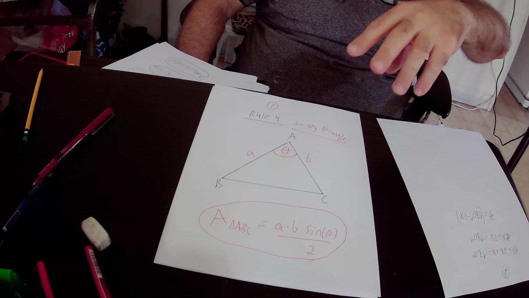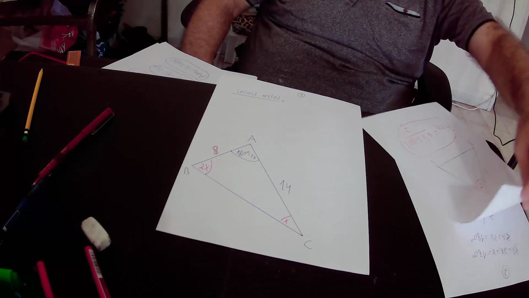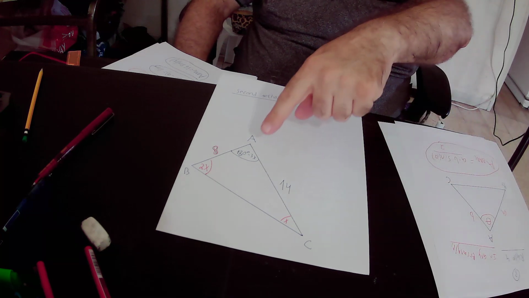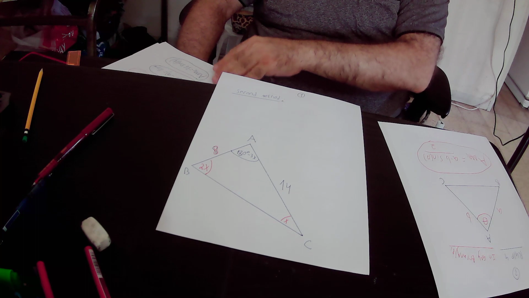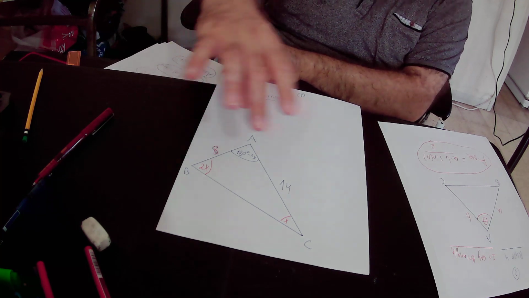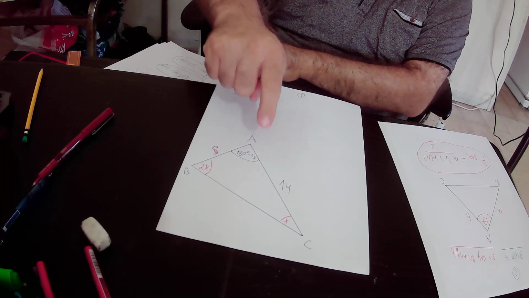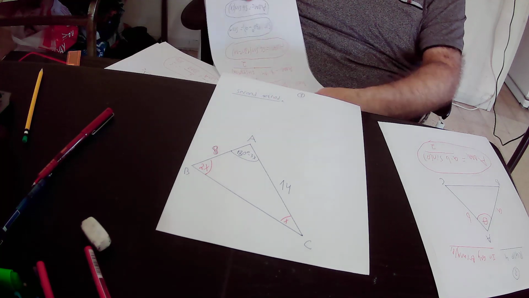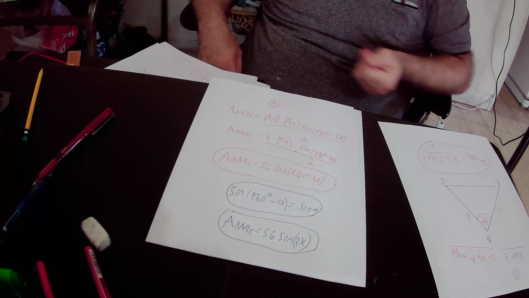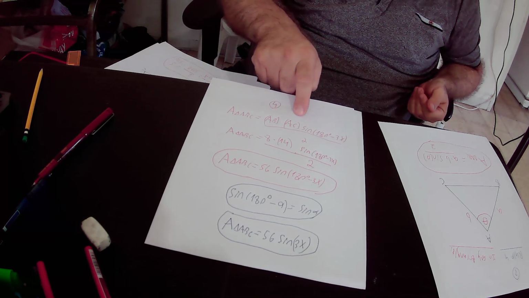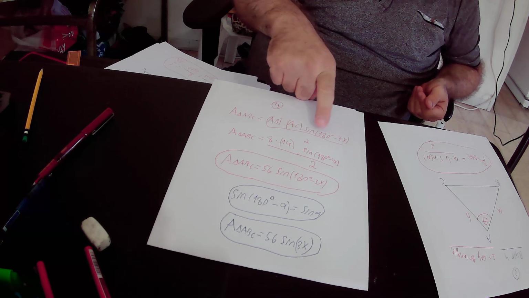So according to rule number 4, the area of triangle ABC will be equal to AB times AC times sine of 180 degrees minus 3x over 2.